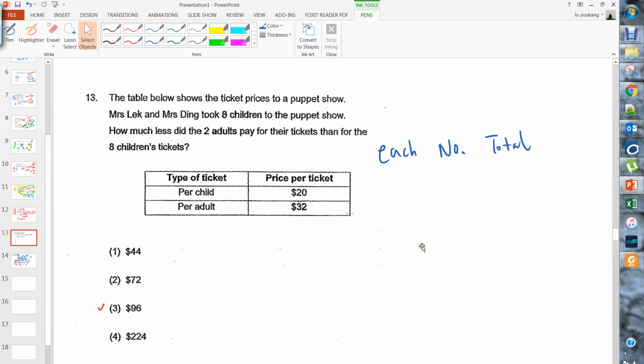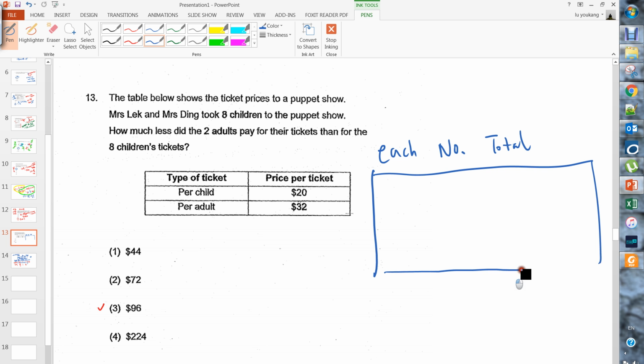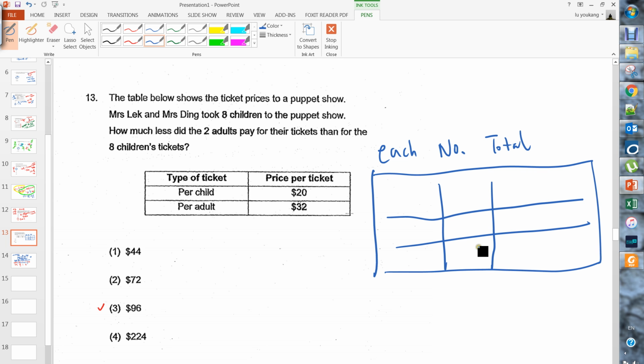Let's use each number total here. In this case, we are talking about Mrs. Ding, 8 children to the puppet show. So basically, the price per ticket for child.